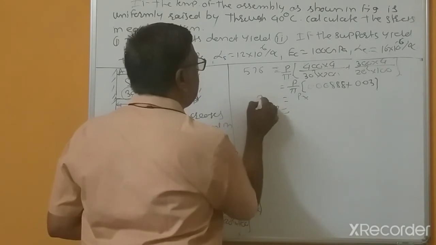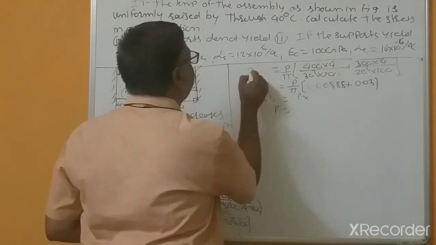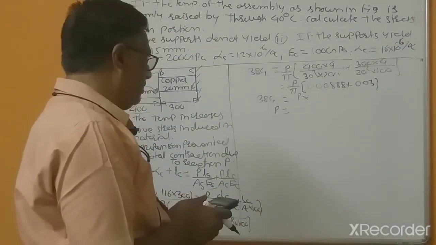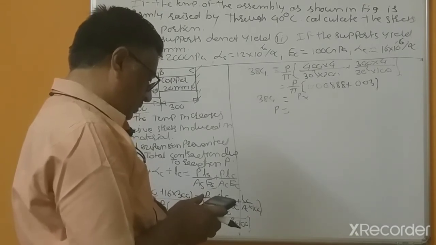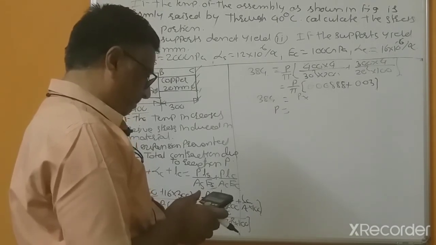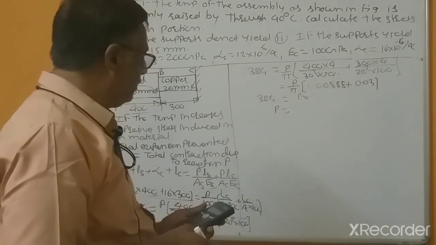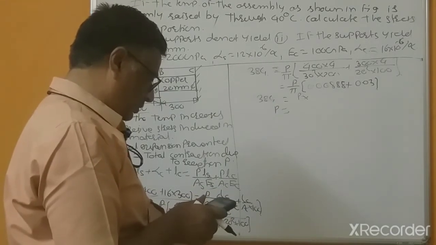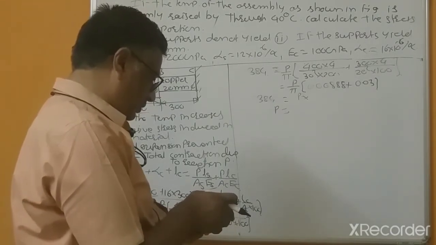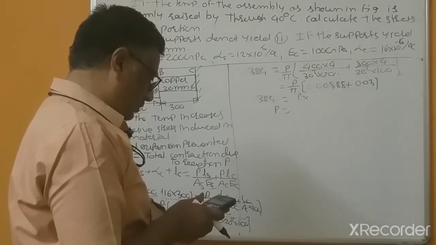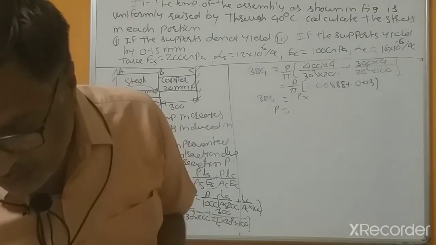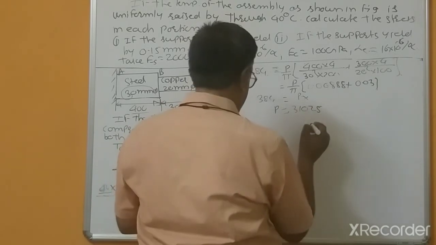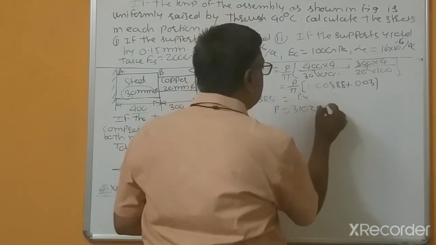So that's why this is 384 divided by... so right, this is Newton.